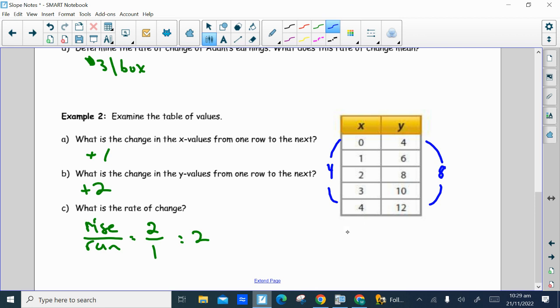Using rise over run, it's rising 8 for a run of 4, you still get an answer of 2 for the slope. As long as the rate of change remains the same, it doesn't matter which starting point and which ending point you use, the slope should be the same.